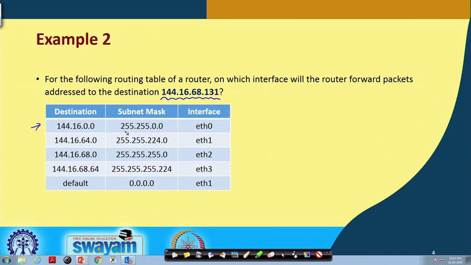The subnet mask is 255, 255, 0, 0. The last 2 bytes are all 0. So, the last 2 bytes will become 0. So, after this bit by bit ANDing, you will be getting 144.16.0.0, which is actually matching with this. So, for the first one, you will be getting a match.